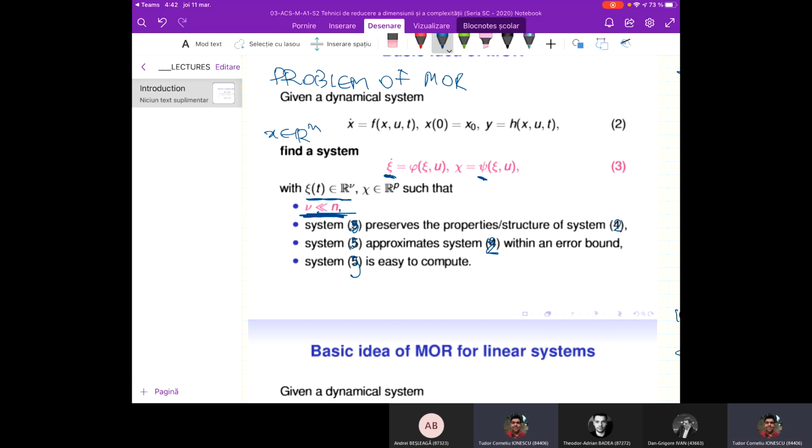So the main reason why you would like to have an approximation of a given system is to reduce the computational effort, because the computational effort can be really huge, especially if you look at systems which are interconnected in high numbers, or systems that exhibit a tremendously large number of interconnections.